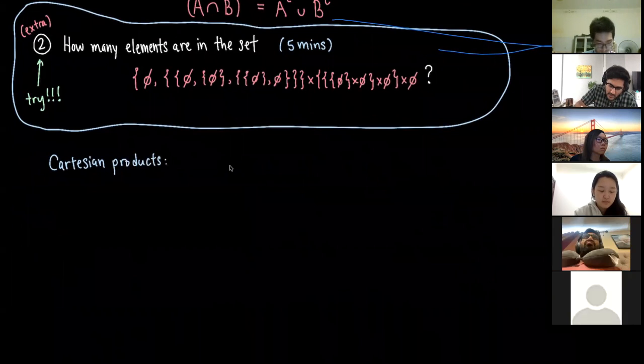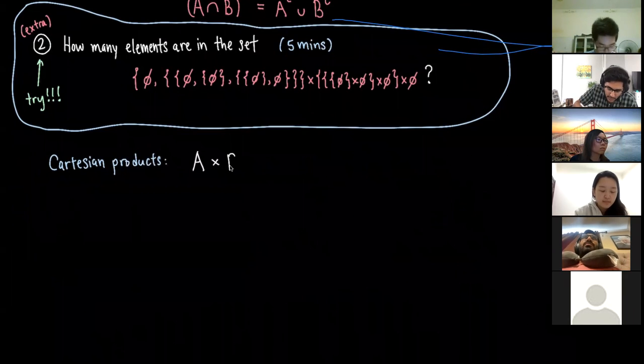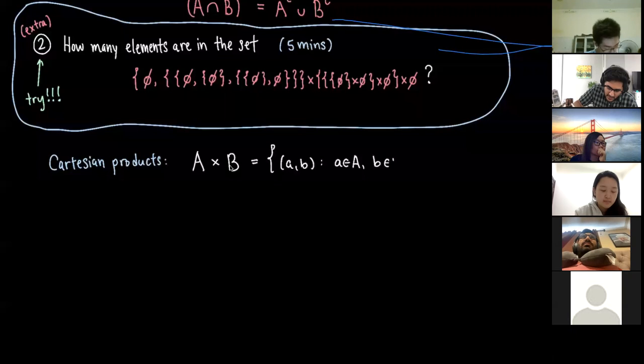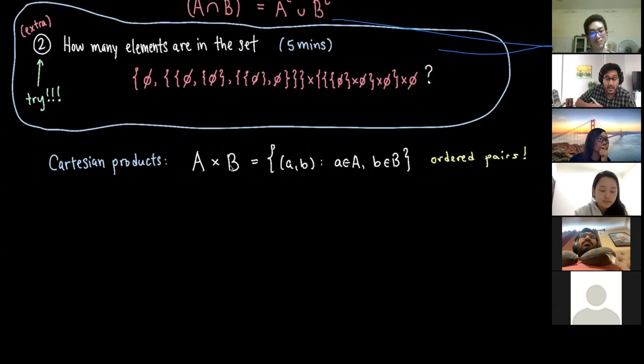If I take a set A and another set B, what this product means is it's the set of all pairs of elements of A and elements of B. So the ordering matters. The element of A has to come first, and the element of B has to come second. These are called ordered pairs. So this is called a Cartesian product, or it's also known as a product set.